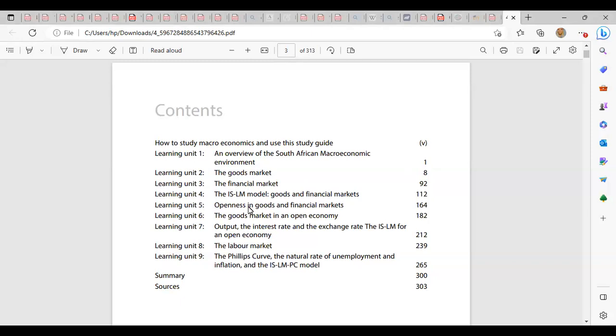The only thing that was relatively new here was the ISLM model. We combined the goods and the financial market in one graph, with interest rates on the y-axis and on the x-axis the GDP, which is your income, written as y. Now we are going to be looking at this in an open economy.